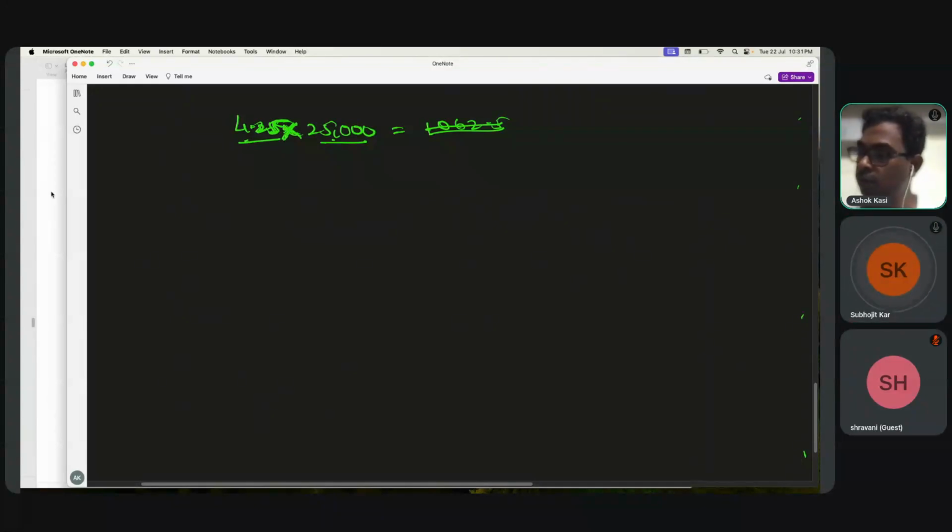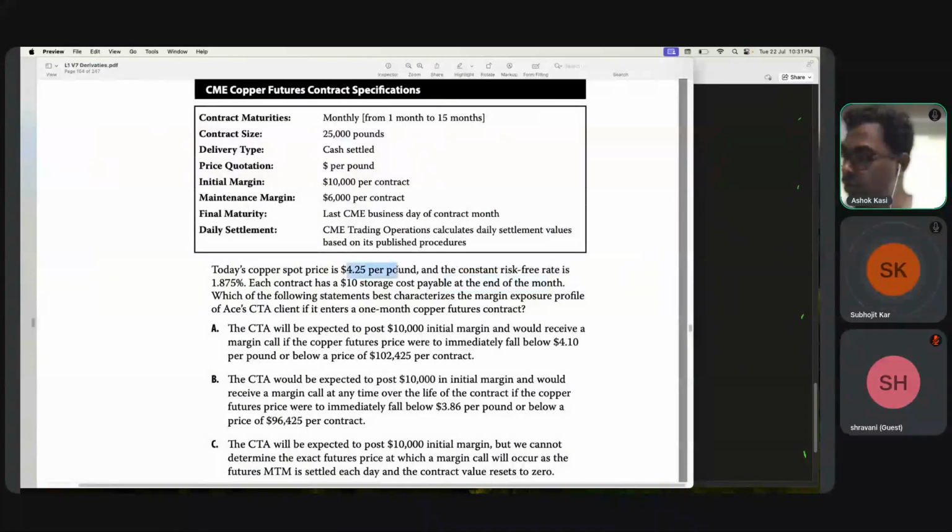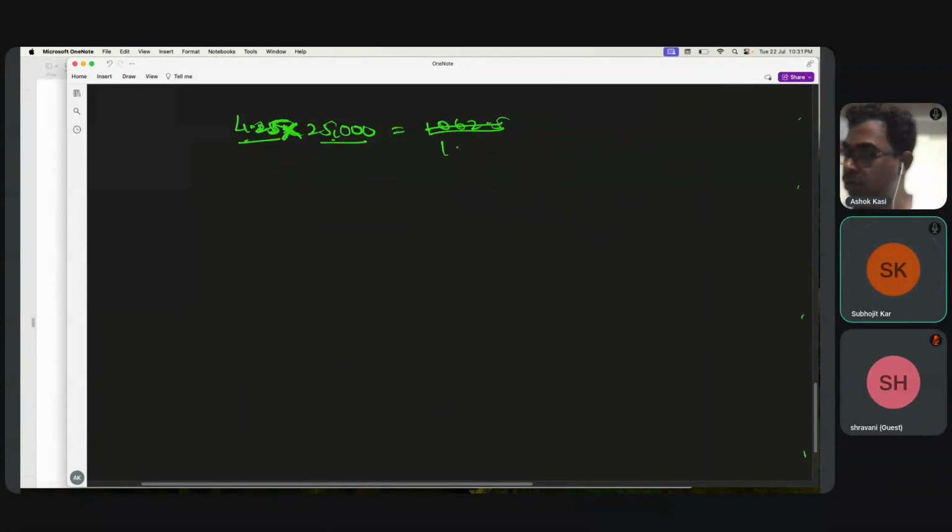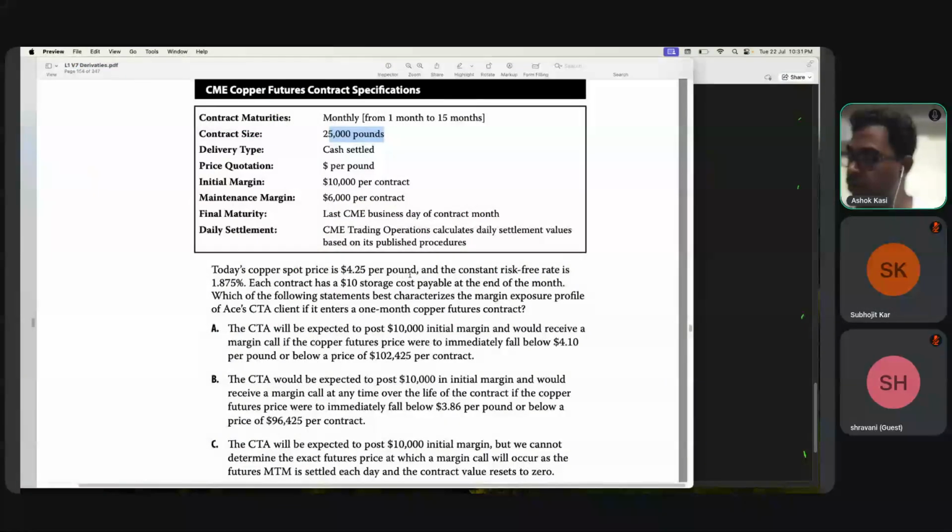Oh, 4.25 is per pound. So for 25,000 pounds, it is 1,06,250. So this is the total for 25,000 pounds.